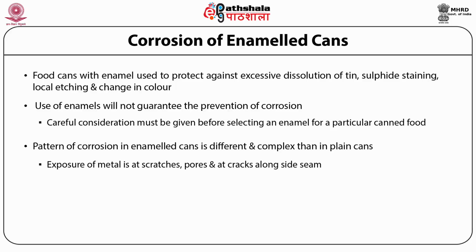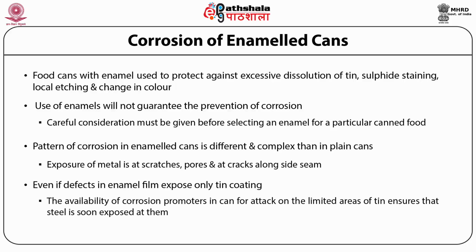Some of these discontinuities in the enamel coating may coincide with pores in the tin coating, thus resulting in exposure of the steel. Even if defects in the enamel film expose only the tin coating, the availability of all the corrosion promoters in the can for attack on the limited areas of tin ensures that steel is soon exposed to them.